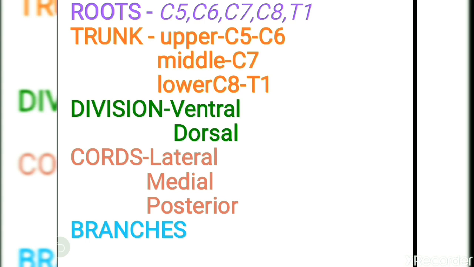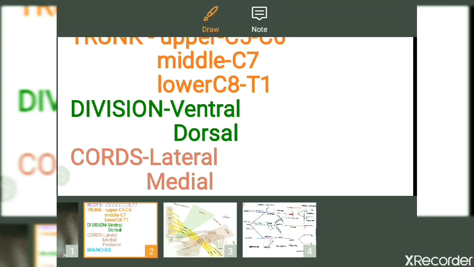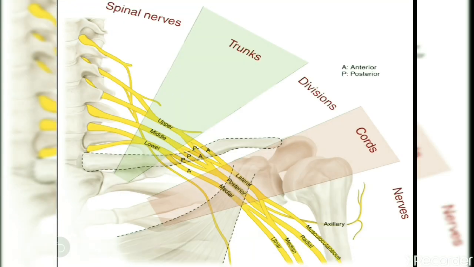Now, mainly there are 5 main branches of nerves. So we will come across them in the next slide. Here if you can see, the 5 nerve roots have given 3 trunks: upper, middle and lower. Now each of these trunks has been divided anteriorly and posteriorly.